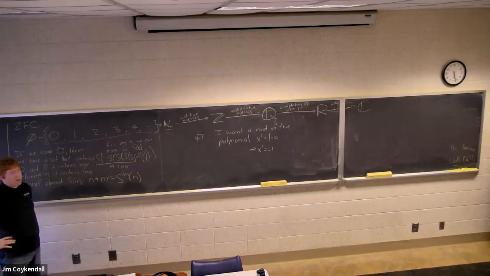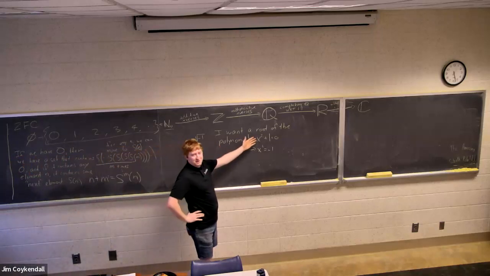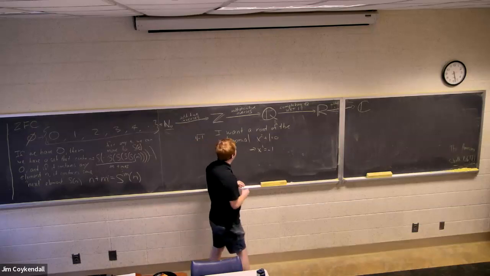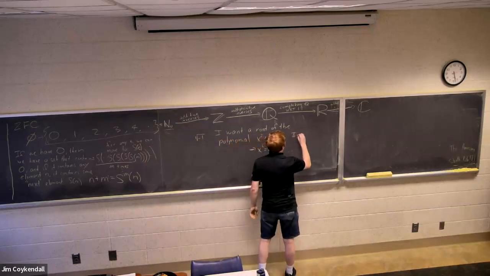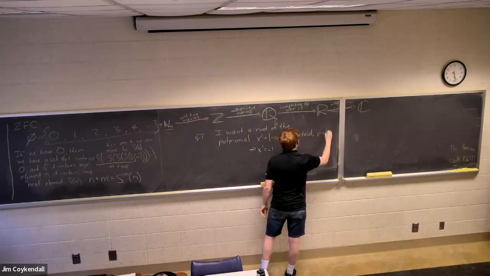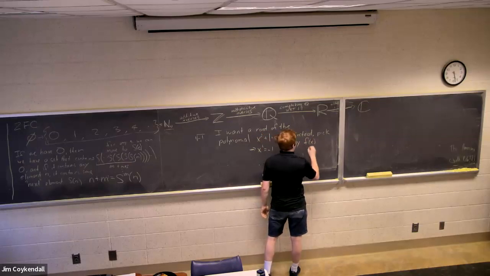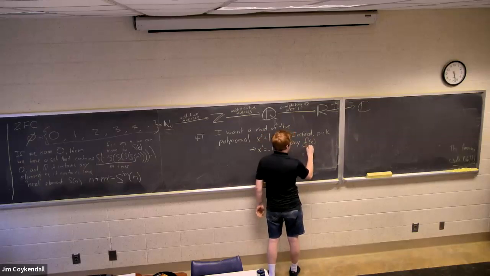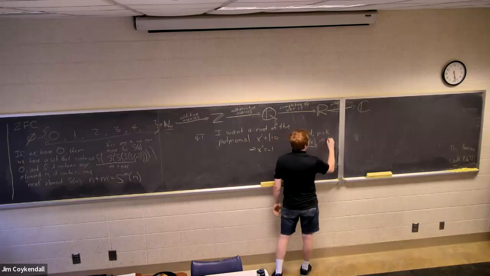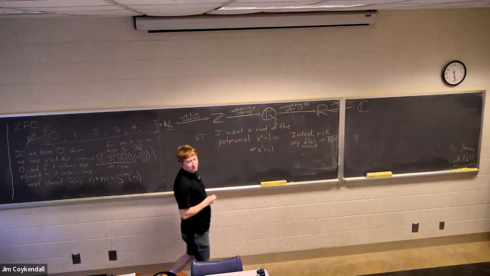Except what's so special about x squared plus 1? Why does this polynomial get special treatment? What if I instead make an f of x that's a polynomial in R[x], the polynomial ring?